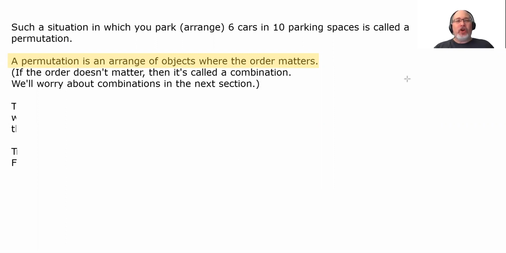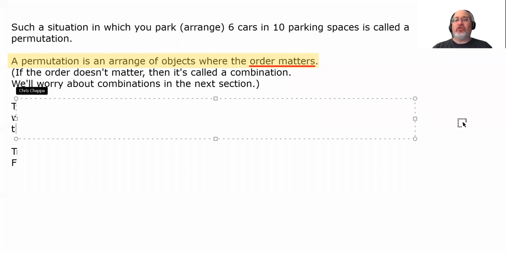But in general, a permutation is an arrangement of objects where the order matters. Emphasis on the phrase, order matters. If the order doesn't matter, it's called a combination, but we'll worry about combinations in the next section.